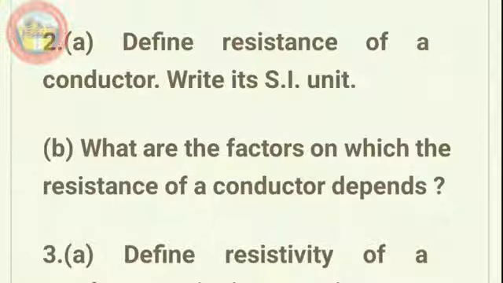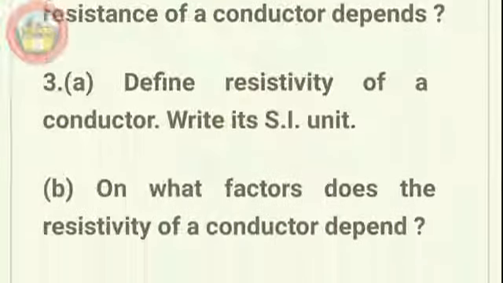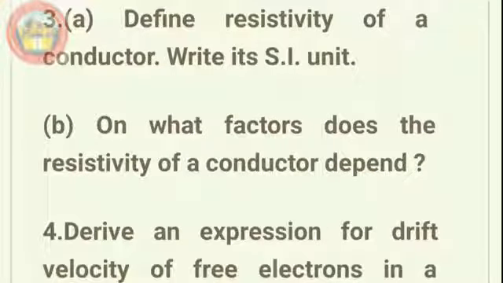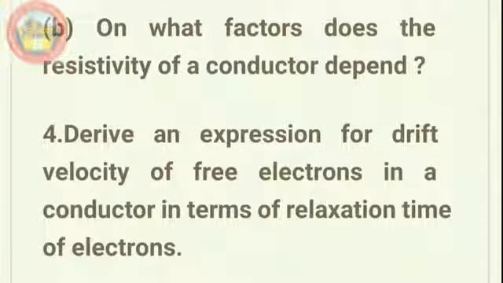B. What are the factors on which the resistance of a conductor depends? Third one, A. Define resistivity of a conductor, write its SI unit. B. On what factors does the resistivity of a conductor depend?